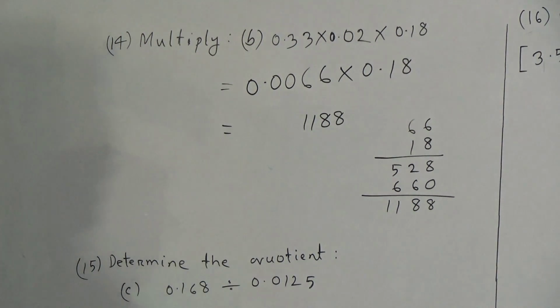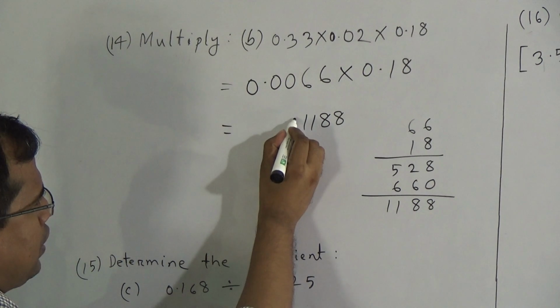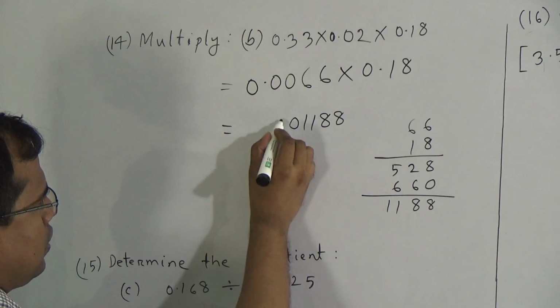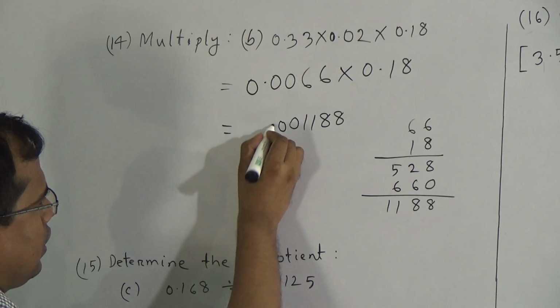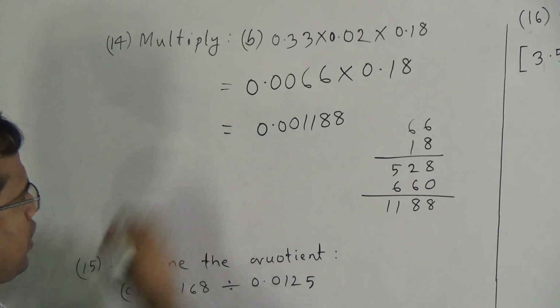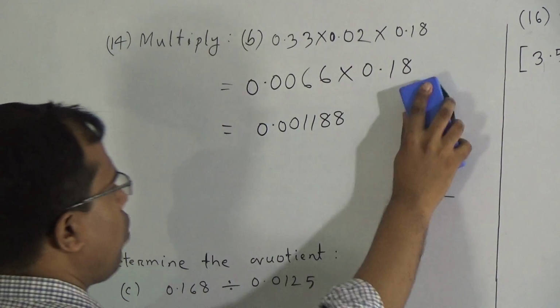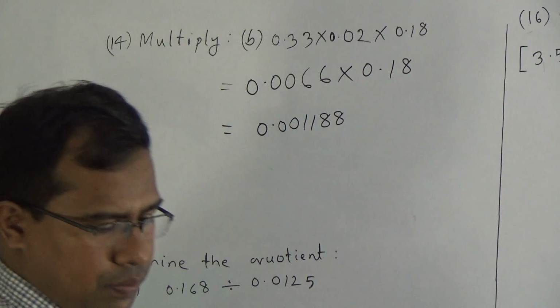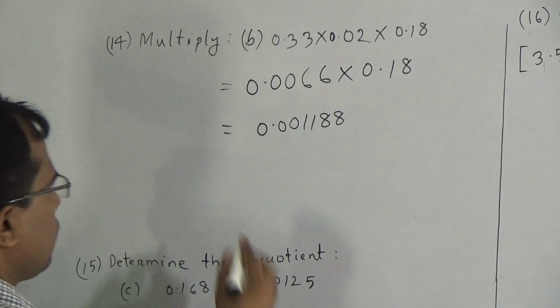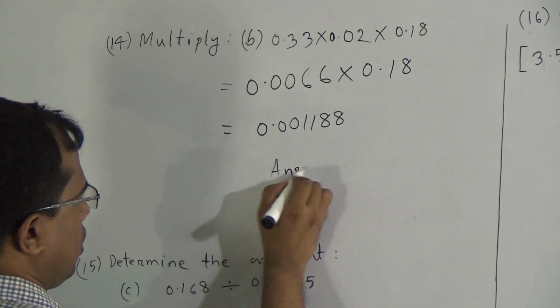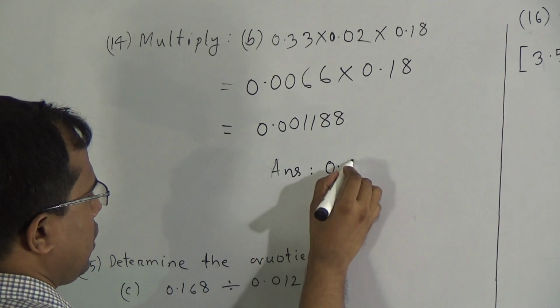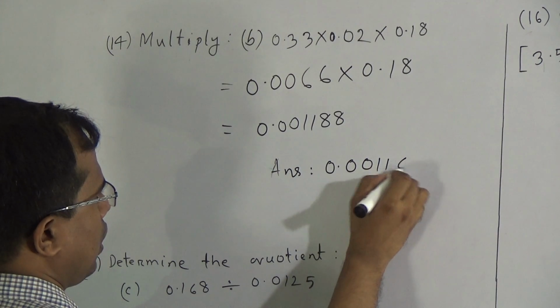Now we will take another 2 places, and we have to fill up these 2 places with 0. Then we will give the decimal point. So the answer will be 0.0001188.